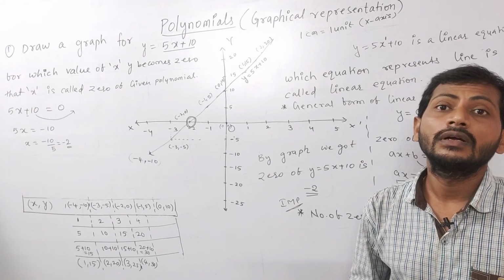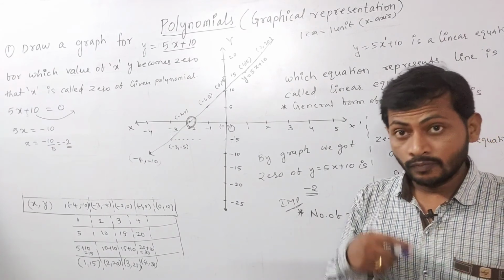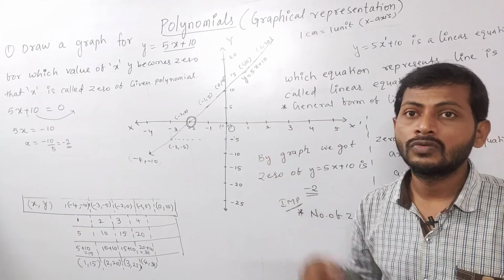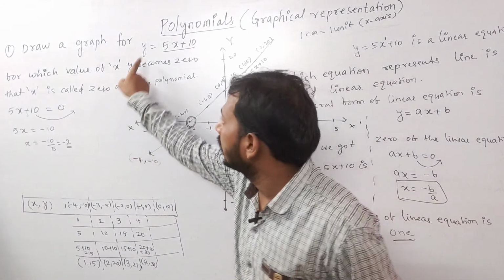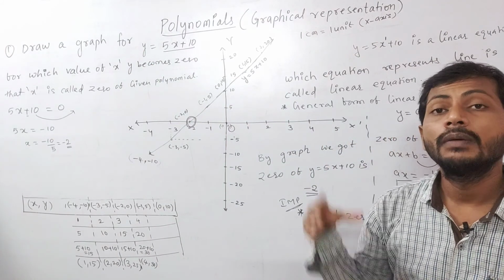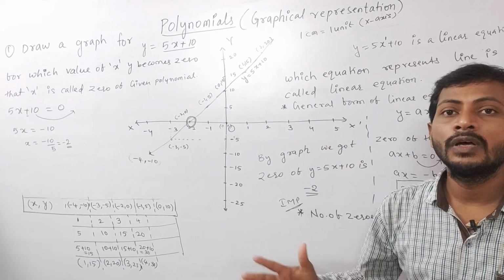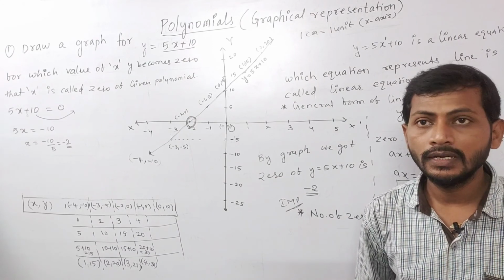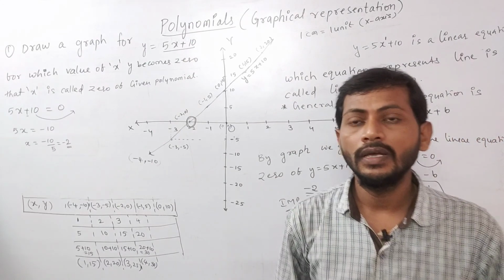Another one is that for your board exam also they sometimes ask 1 or 2 marks questions. Otherwise they will give this question for 1 mark: find the zero of the given linear equation or polynomial. Isn't it? Is this clear for you? Okay, thank you.